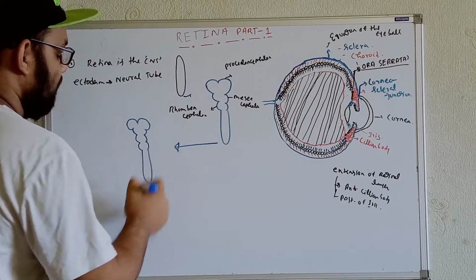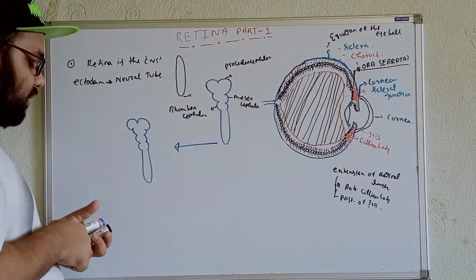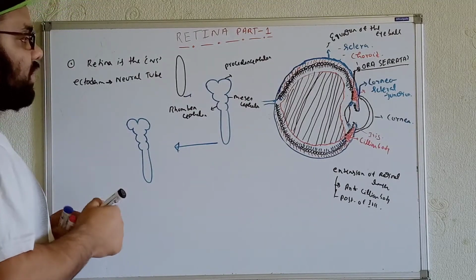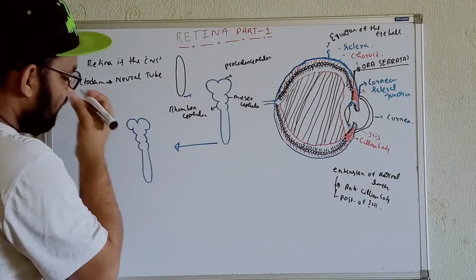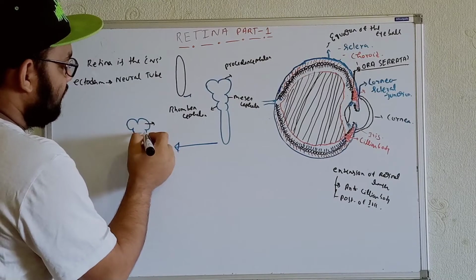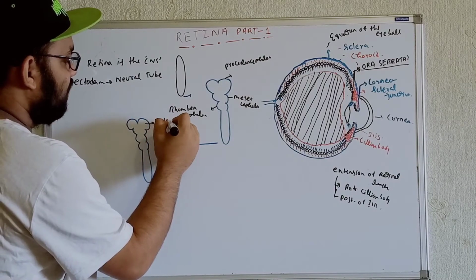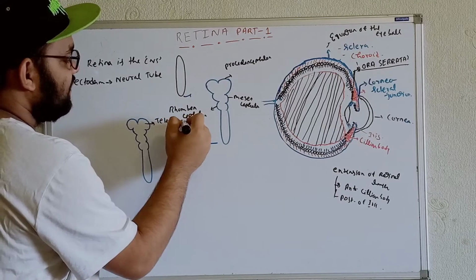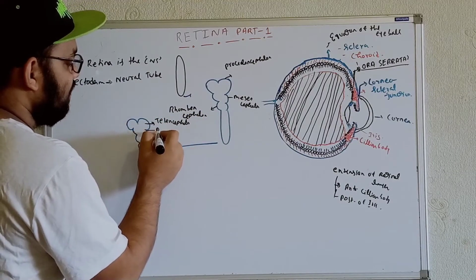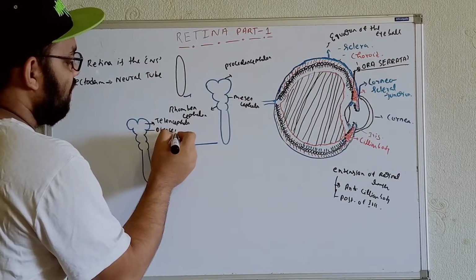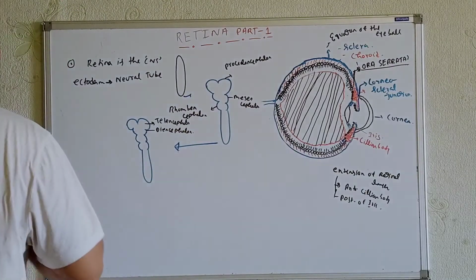Now we get the divisions of the forebrain, the prosencephalon. We get two structures. One structure we get over here is known as the telencephalon, and another structure is known as the diencephalon. These structures, we get the diencephalon over here.